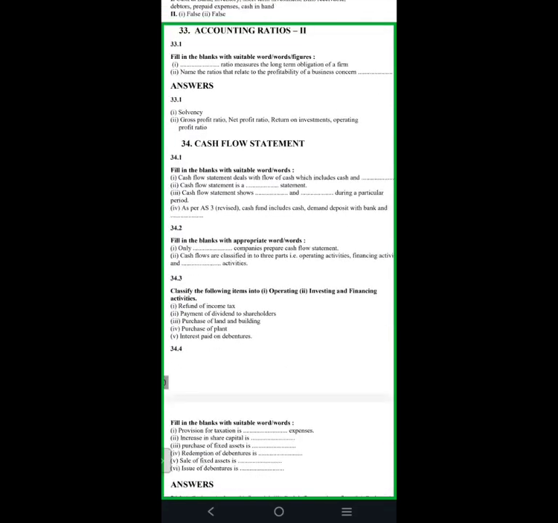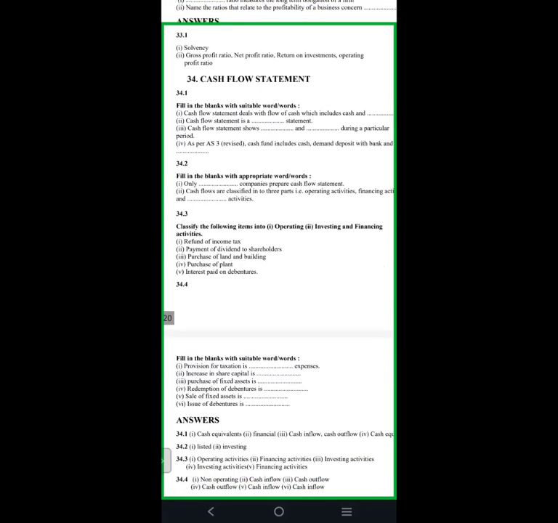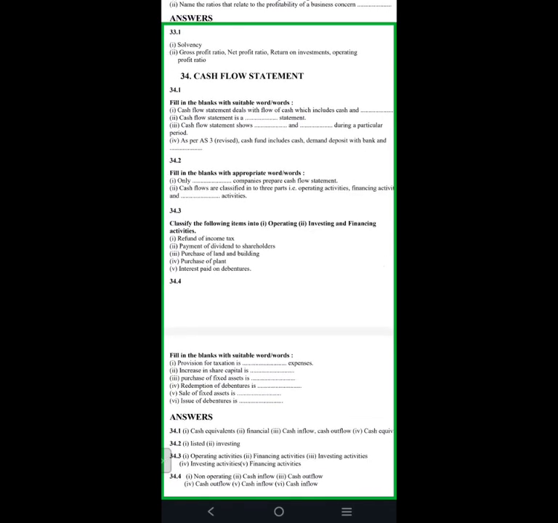Next, cash flow statement. Fill in the blanks with the suitable word or words. Cash flow statement deals with the flow of cash, which includes cash and dash. Cash and cash equivalents. Cash flow statement is a dash statement. Financial statement.